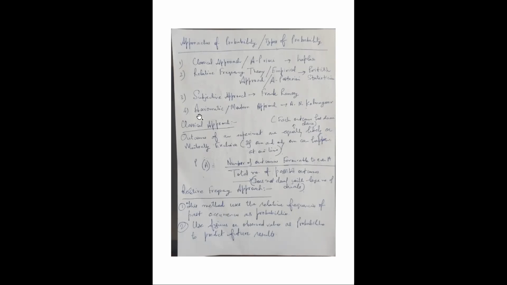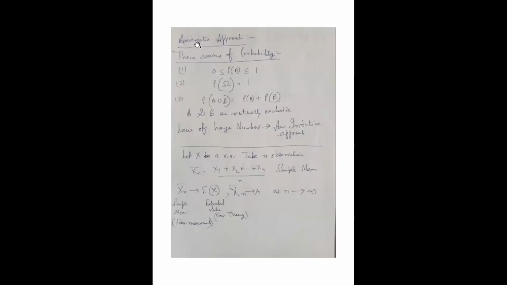And what is the final way? It is the axiomatic or modern approach. I will explain this graph in 1 minute, but let me explain the axiomatic approach first. There are 3 axioms of probability. The probability of an event varies between 0 and 1. The probability of the complete sample space is 1. What is the meaning of this?